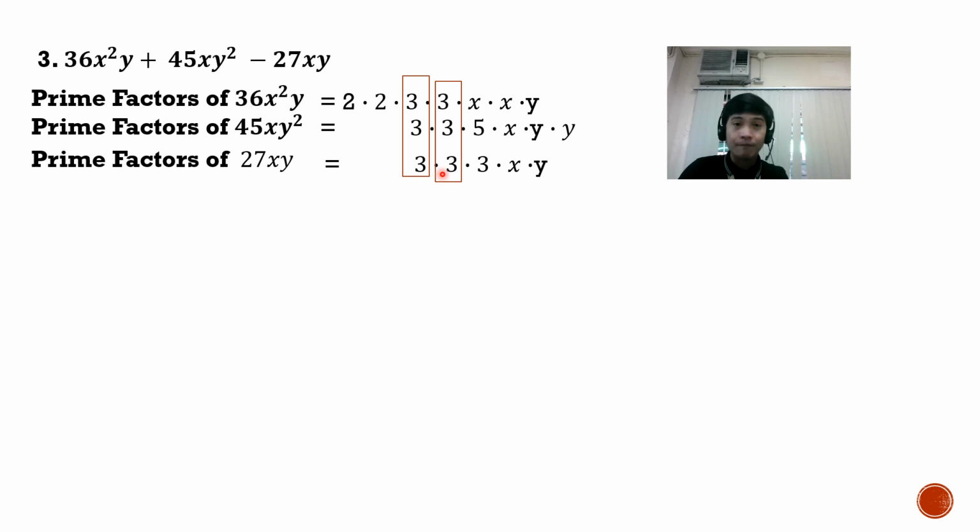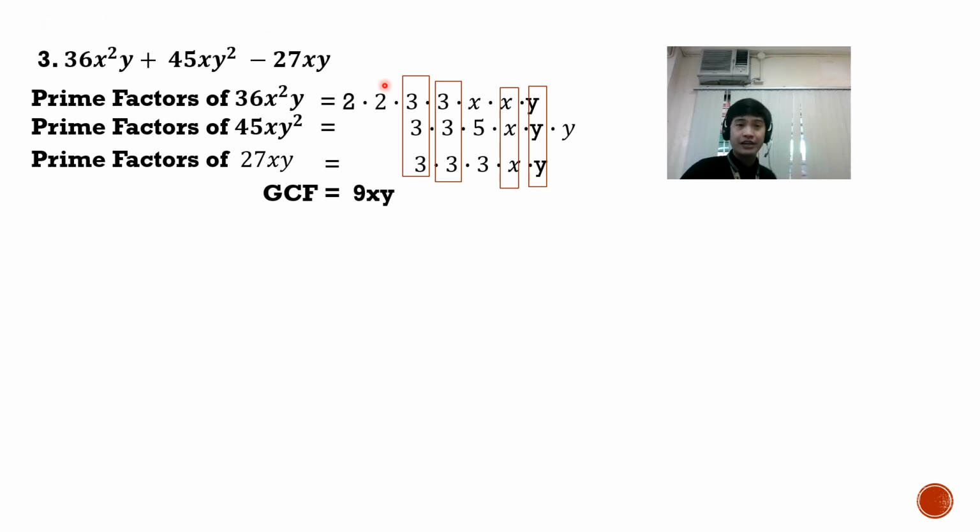Ito, another 3. At isang X. Meron pa. Isang Y. So, isang 3, isang 3, isang X, isang Y. Lahat ng mga na-mark natin na common factors, we will take them as one value separately, tapos multiply natin. So, 3 times 3, it's 9, times X times Y. That will give us a GCF of 9XY.